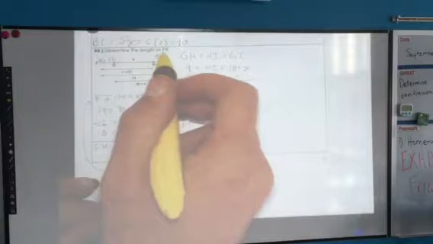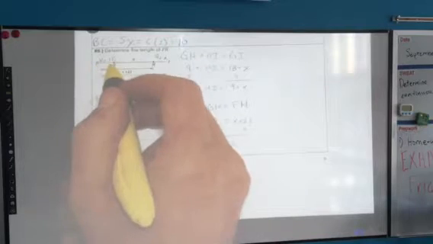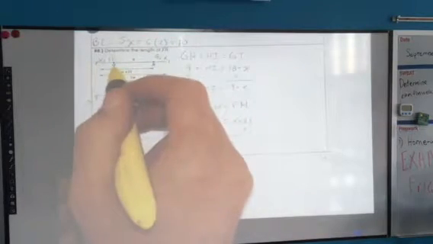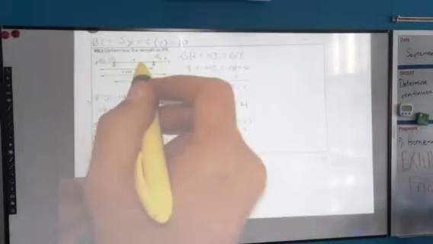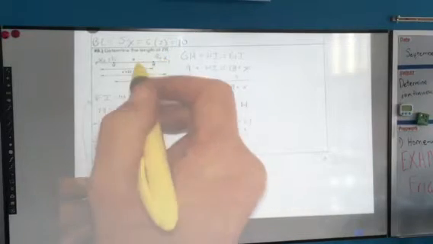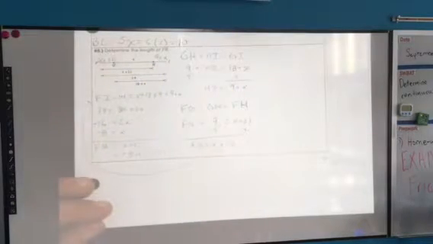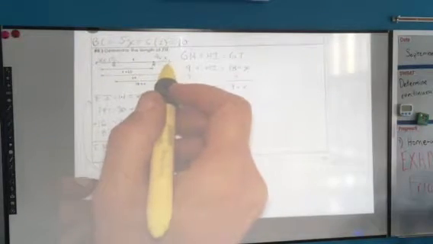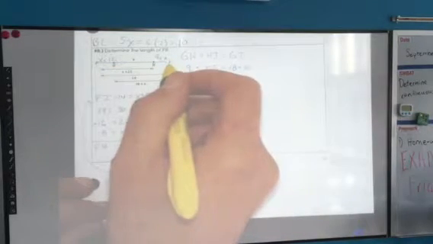Okay, now we're trying to find what FH is going to be. So we know FH is FG plus GH. So that's x plus 12 plus 9. And then we also know that FH is x plus 21. So we have to write a new equation that brings the entire FI, what we know about FI, into the mix.